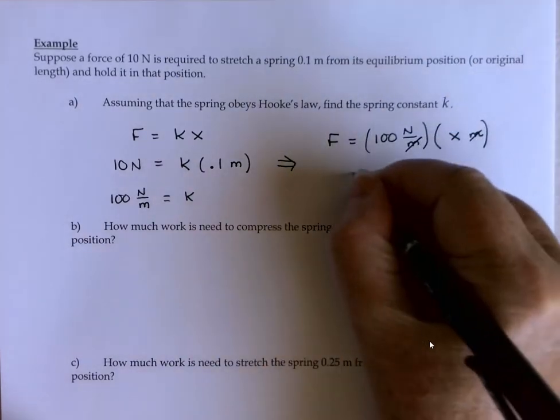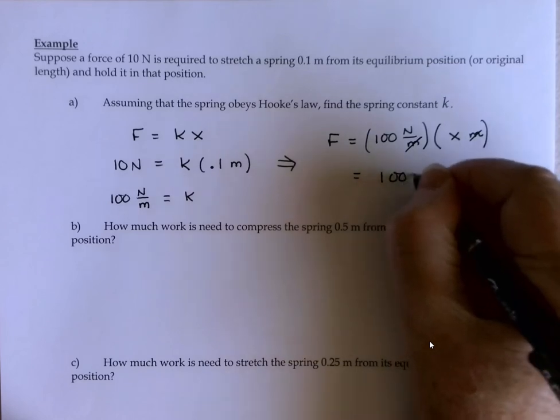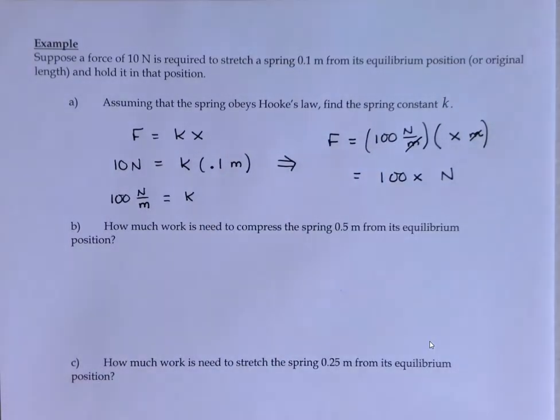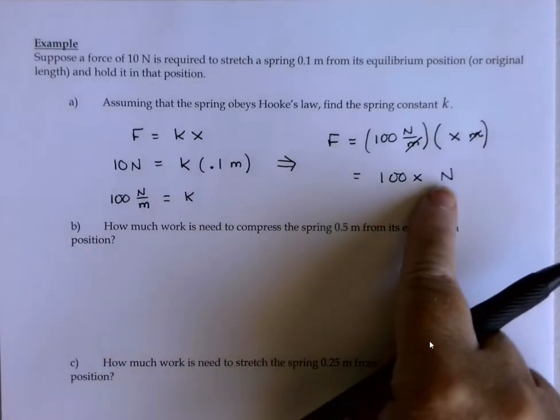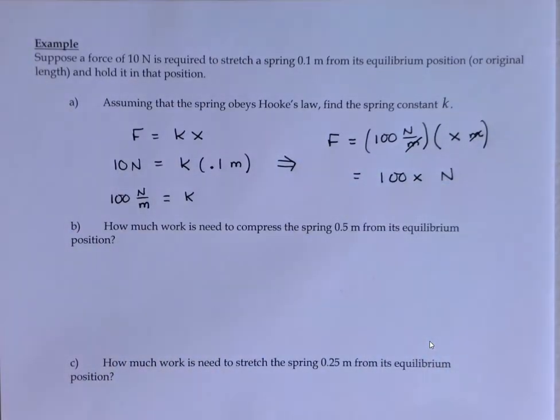The meters would cancel, and I'll get 100x newtons for my force in this case. So the units of force turn out to be newtons. All is well with the world. All right, next question. How much work is needed to compress the spring 0.5 meters from its equilibrium position?